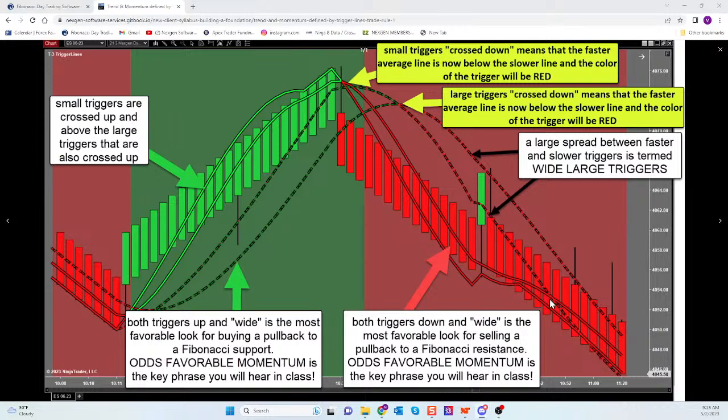When your small triggers work their way back inside of large triggers, guys, we call this a weakening of the large triggers. And the weakening of the large triggers means that anything can happen up or down. This is anything can happen momentum, odds favorable momentum.